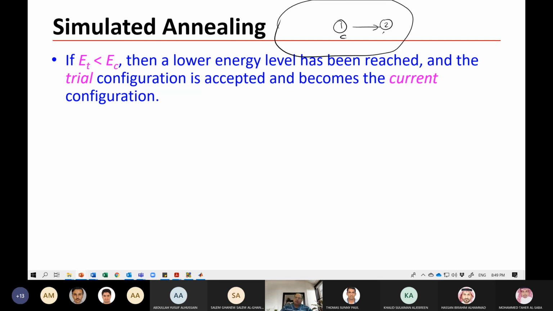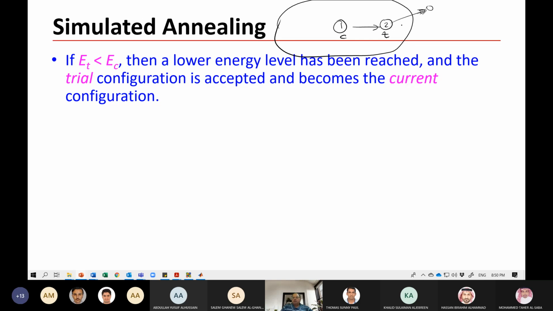If the energy of the trial position is lower than the current, you have reached a better solution, so you move to that position, and it now becomes the current position. Then again we move in any direction in the neighborhood of the current position.